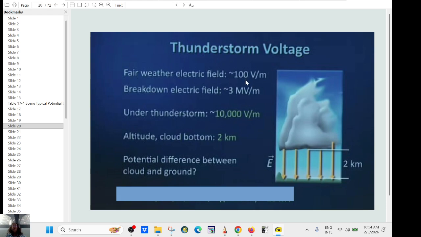But there is this potential per meter. So that will be the electric field. Okay, so the electric field again is the voltage per meter. You can think of the electric field as a slope. 100 volt per meter.